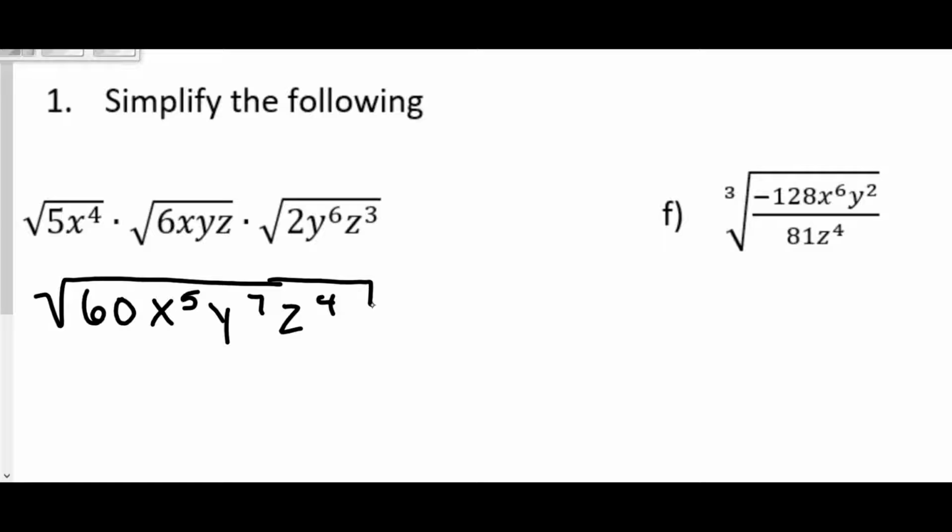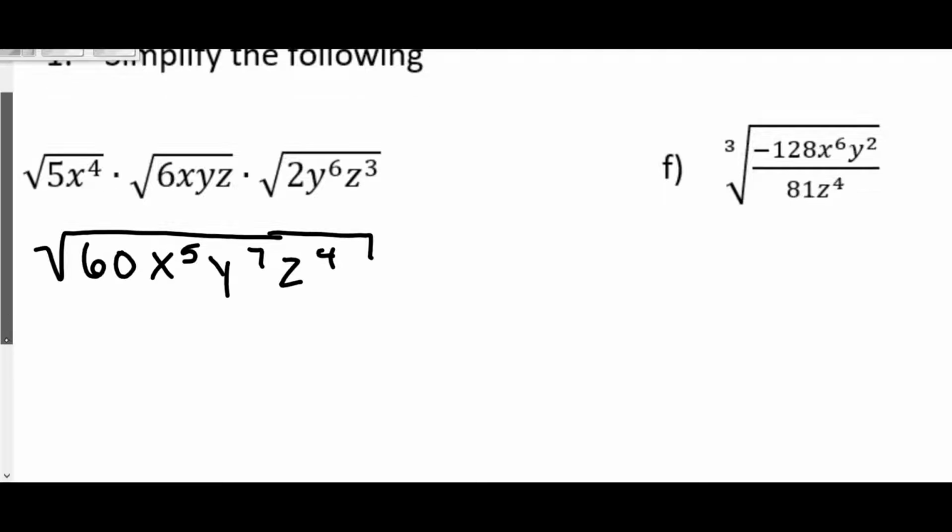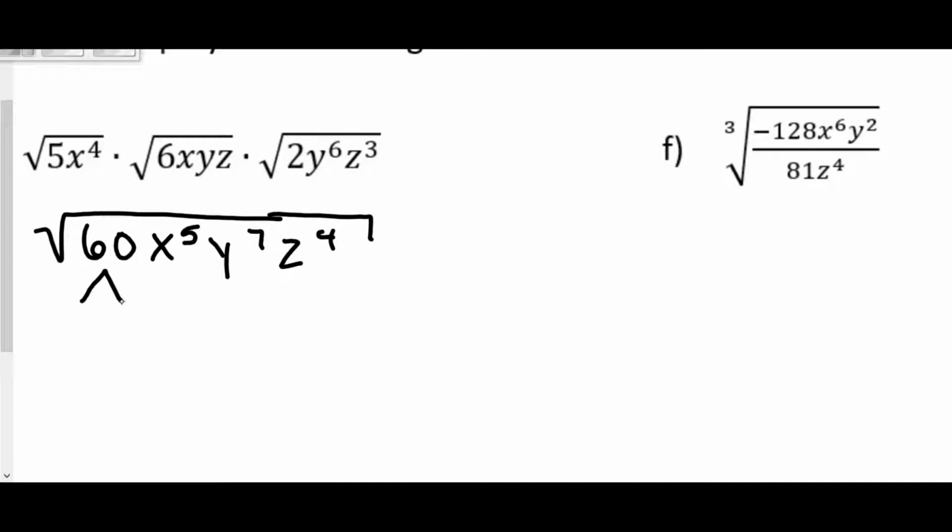Now clearly that's not in simplest form, so we're just going to follow the same steps. We're going to find the biggest perfect square that fits into 60. The biggest perfect square that can fit into 60 is 4, and 4 times 15 gives you 60.